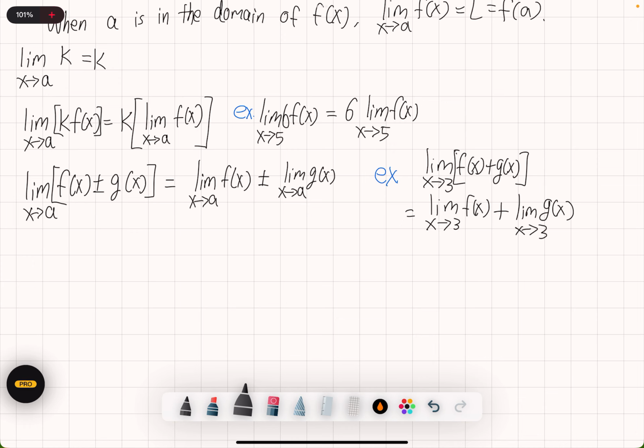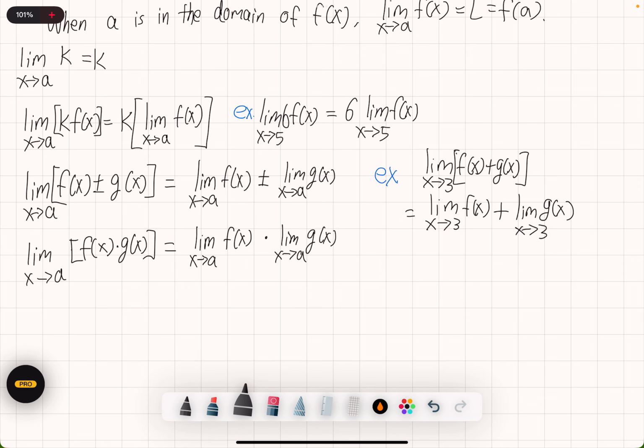Now the fourth property is that the limit as x approaches a of f of x times g of x is equal to the limit of f of x as x approaches a times the limit of g of x as x approaches a.